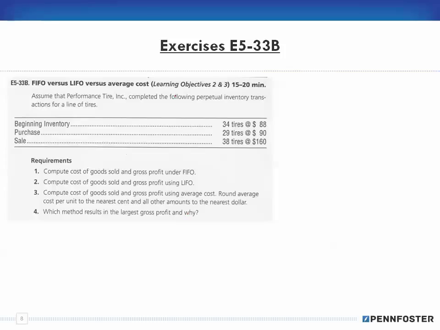Okay, so let's work with FIFO first. We want to compute the cost of goods sold and the gross profit. If you recall, in order to arrive at gross profit, we need revenues, and then we take out our cost of goods sold, which gives us our gross profit.